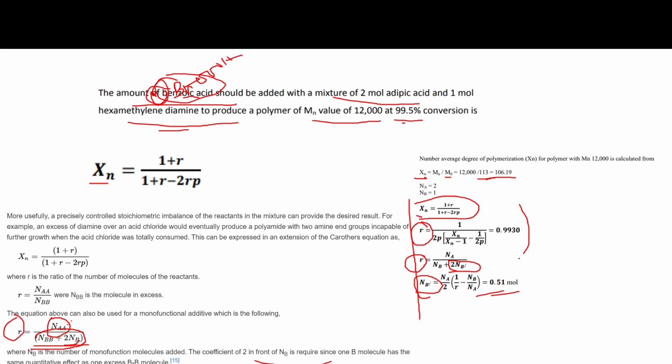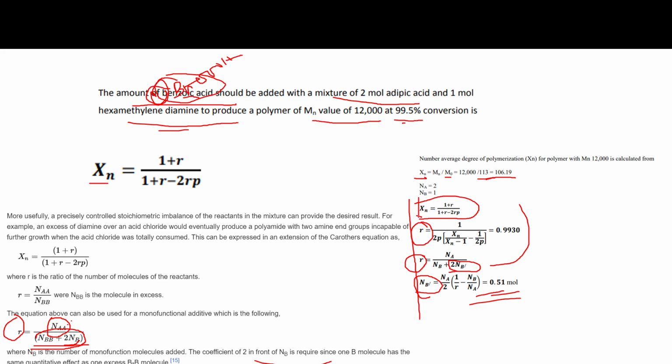If you know these two equations, you only have to put the values into the equation and you can easily calculate the moles of monofunctional impurity. So these 3-4 equations we must know.